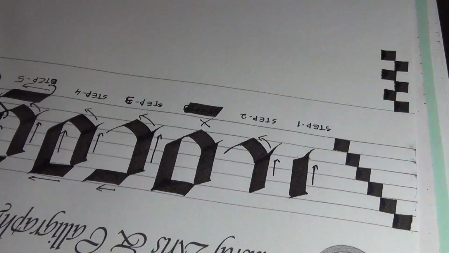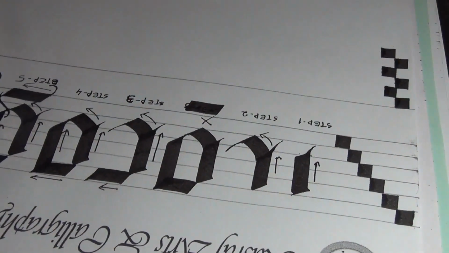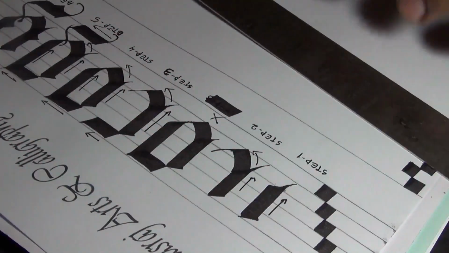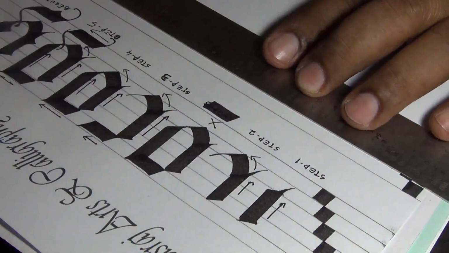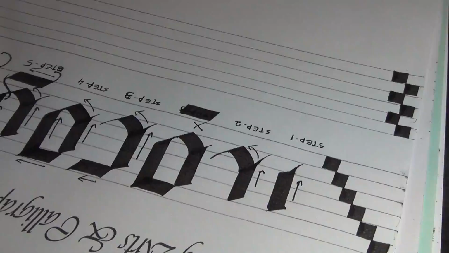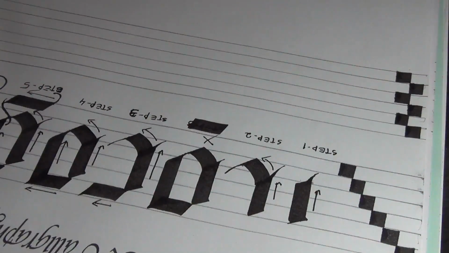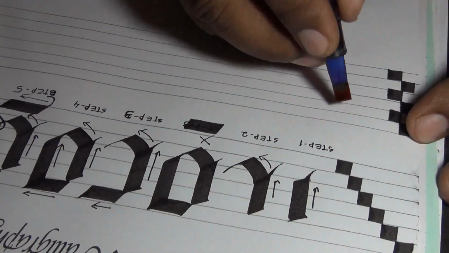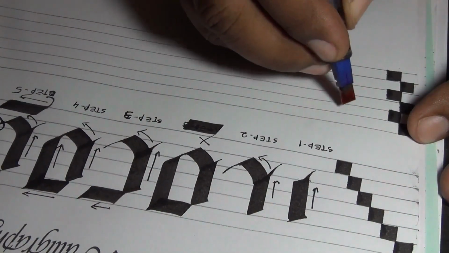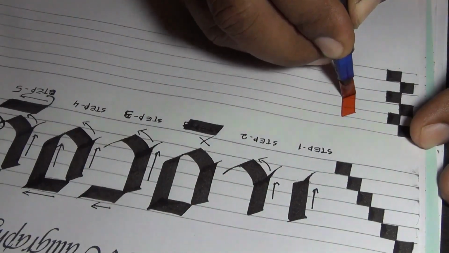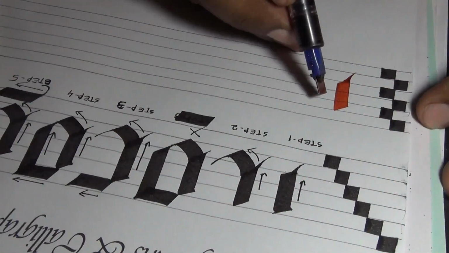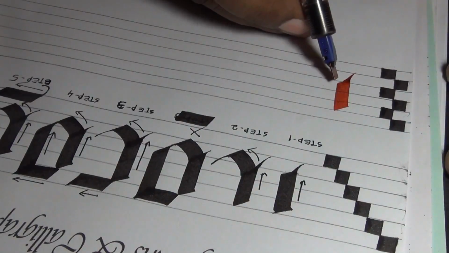Now go for the line. First one, step number 1, from the second line, to second, third, fourth to fifth.